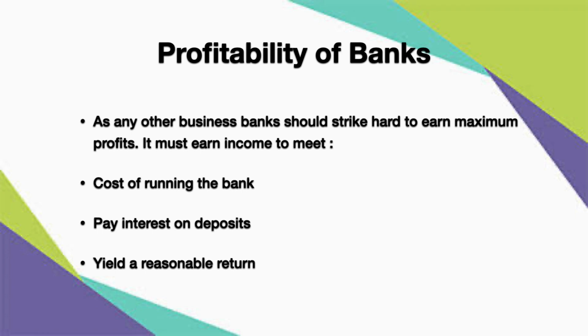Every service that the bank provides, it can be mobile banking, internet banking, maintaining your savings account, paying bills on your behalf, paying your EMIs on behalf of the customer, for everything, the bank is going to charge a fee. Yes or no? The bank is going to charge a fee. All this is going to form a reasonable return.